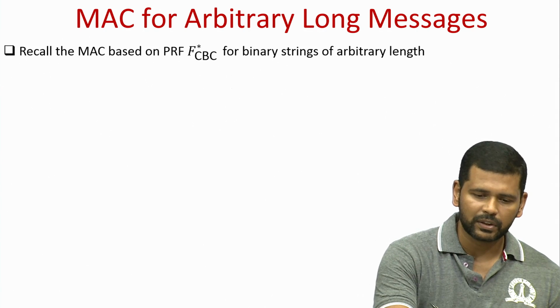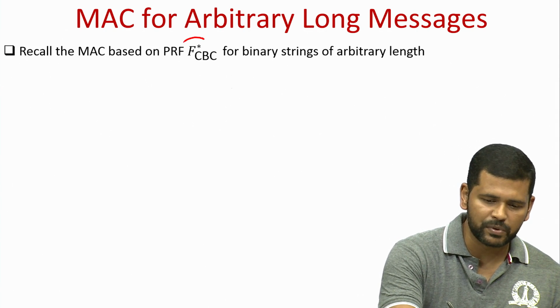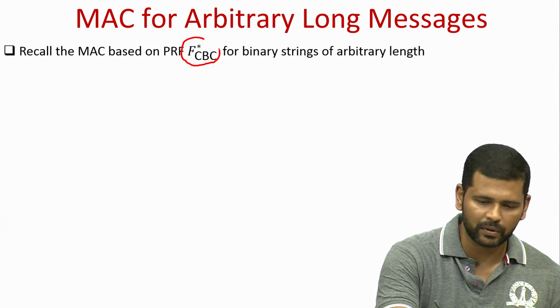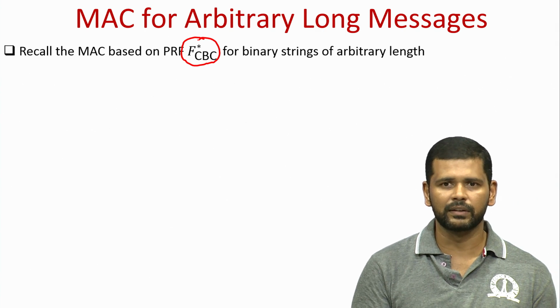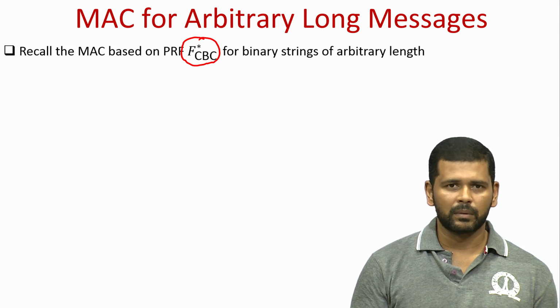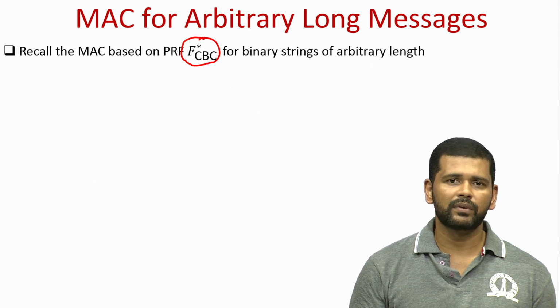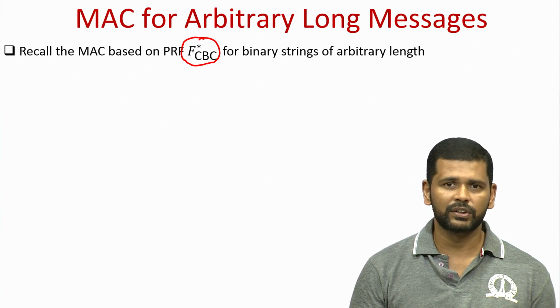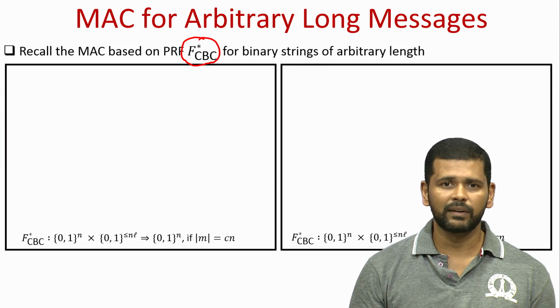So, recall the construction of our PRF F star using the CBC mode of PRF for fixed length inputs, and this PRF F star based on CBC mode takes inputs as binary strings of arbitrary length and gives you a tag or an output of fixed size.